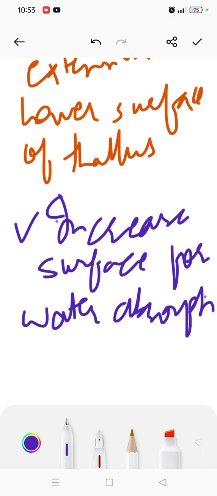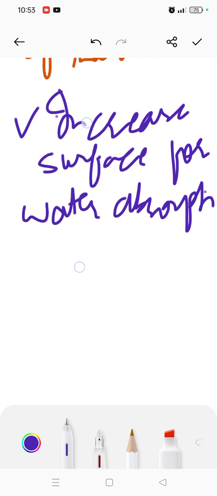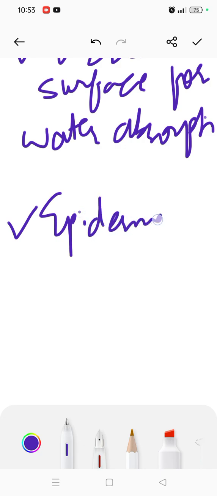Then they have epidermal pores for CO2 absorption.